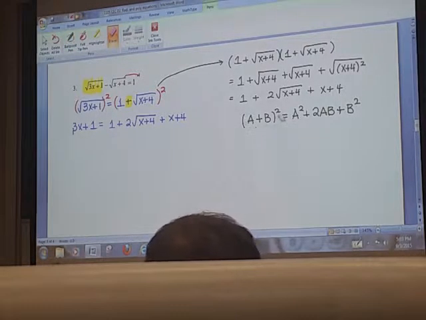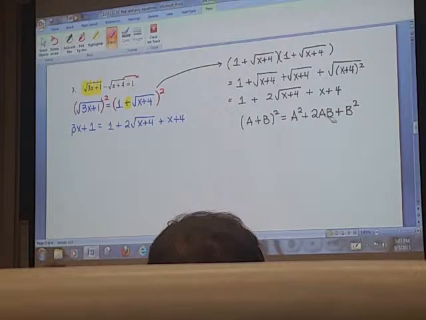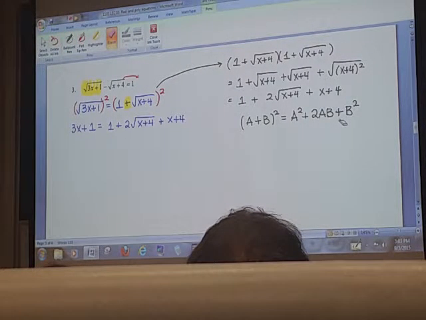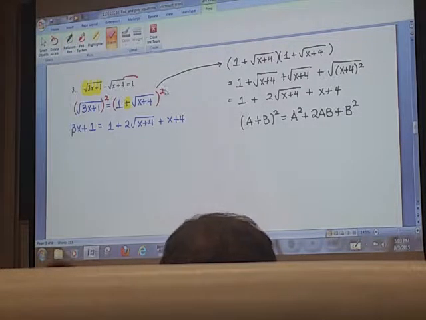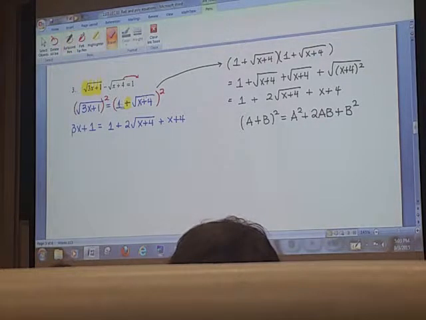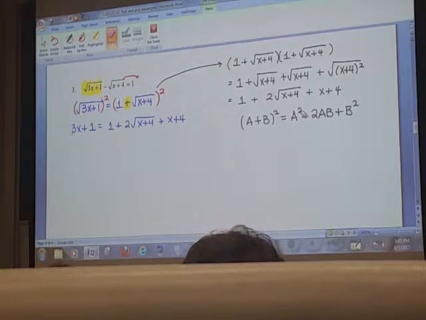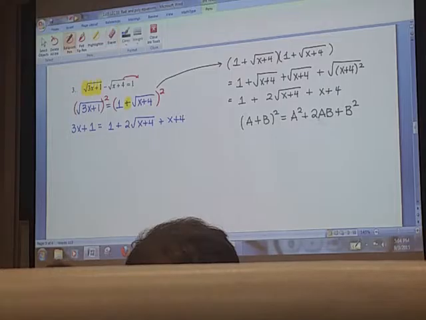Square the A, 2 times A times B, and square the B. It's just that it's presented in the book as a formula without that little trick of using this 2 three times, which I think visually anchors it better in your brain. Square it, 2 times this, square it.